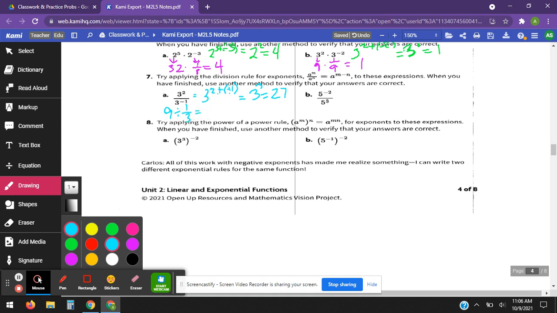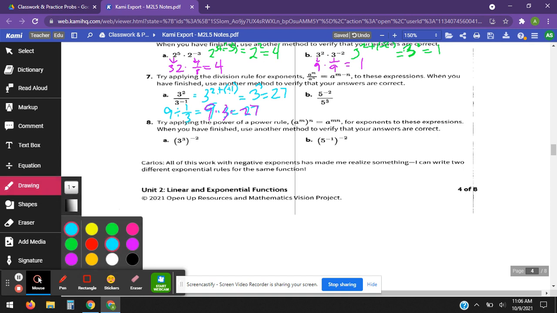Now remember, division is the same thing as multiplying by a reciprocal. So 9 times the reciprocal of 1/3, which is 3, gives me 27. Oh, I didn't use a different color for that. Whoops. 9 times 3. There we go.